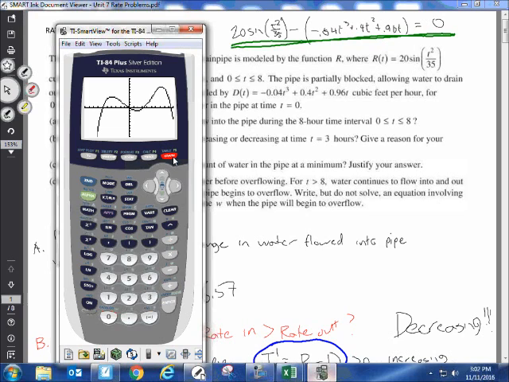Go ahead and find that intersection. Second calc, intersect. Now, let's first make sure this is 0, 0. I believe it definitely is. I know it is. I pressed it too many times. Yeah, good. So that's 0, 0.